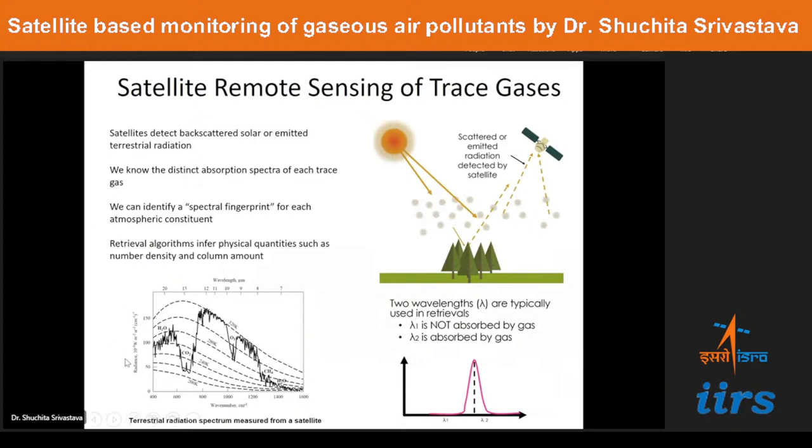Here an example is shown. It is a terrestrial radiation spectrum measured from a satellite. Terrestrial means earth, so this is the earth radiation spectrum measured from a satellite. The dotted lines show the black body curves at different temperatures, and this solid line shows the radiation spectrum of our earth. The y-axis shows radiance and the x-axis shows wavelength and wave number. Here you can see that at 9.6 micrometer ozone is absorbing.